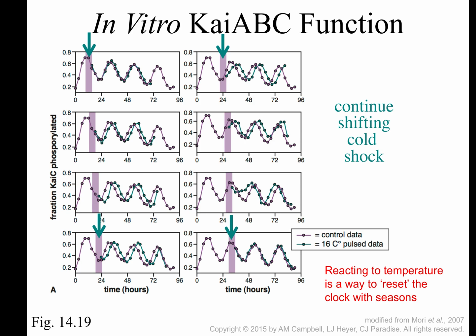So if you can pay attention to both temperature and sunlight and sort of reset your clock every day, you have a better chance at being active in the most beneficial part of the day. So like when your prey are active, or when it's best to photosynthesize, that sort of thing. So reacting to temperature is a way to reset the clock with seasons.